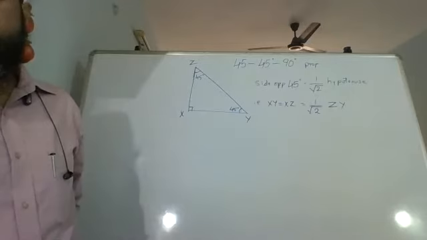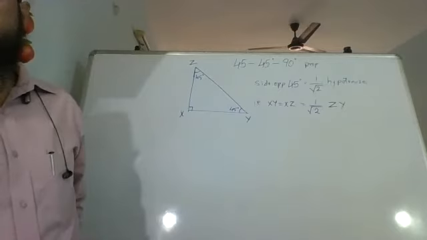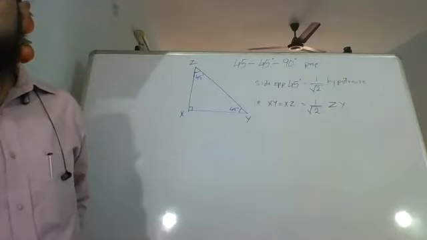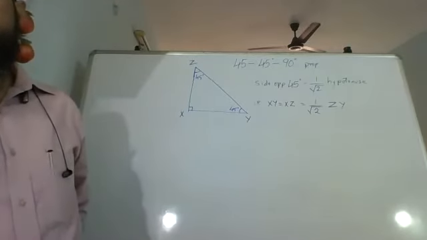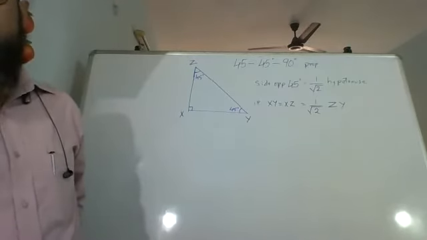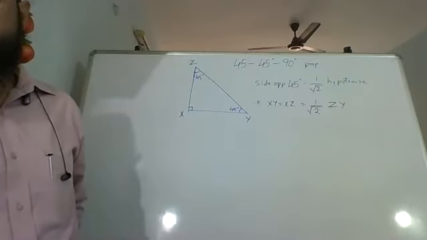Correct? How many chapters have we done in algebra? 3. All of you are sleeping. Nobody knows how many chapters we have done in algebra. Arithmetic progression and linear equation in 2 variables. Which is the 3rd chapter that we have done?